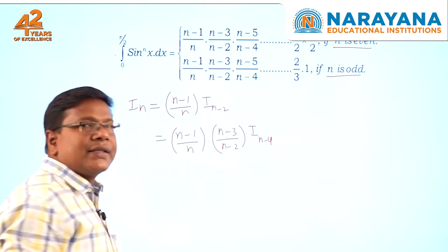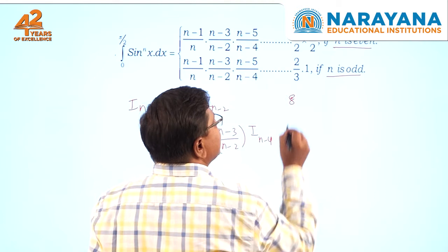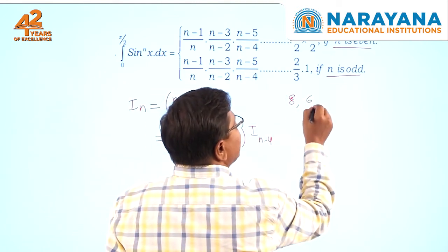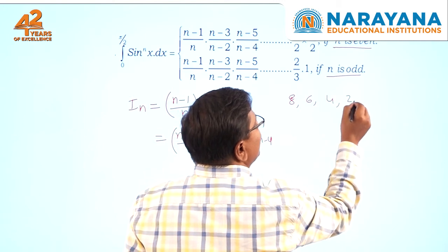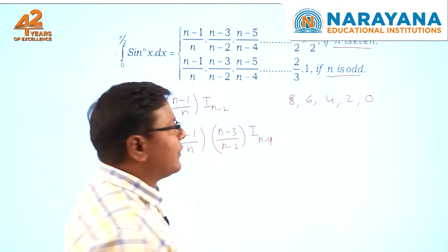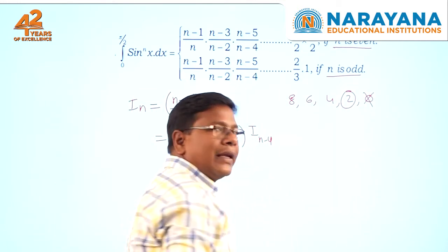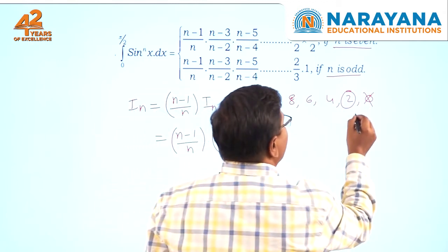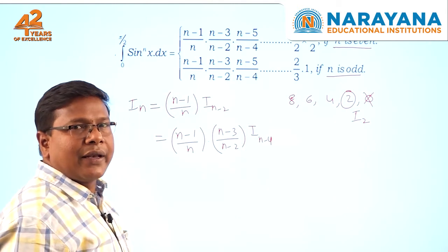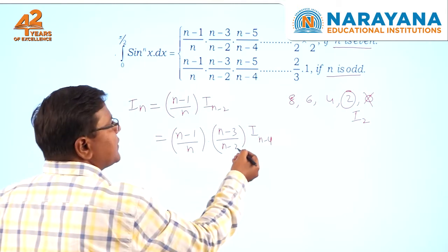Now, if n is even, for instance n equal to 8, the next you will get 6, next 4, next 2, and next 0 will come, but n should not be 0, so you stop with I2 for n even. Suppose n is odd, now proceed.